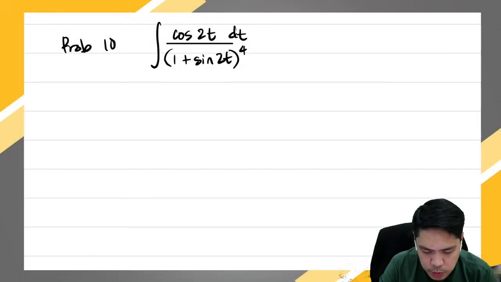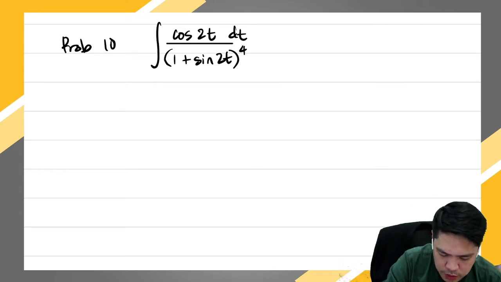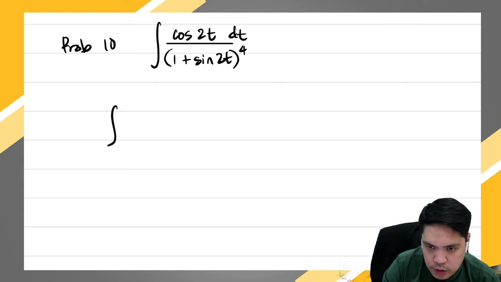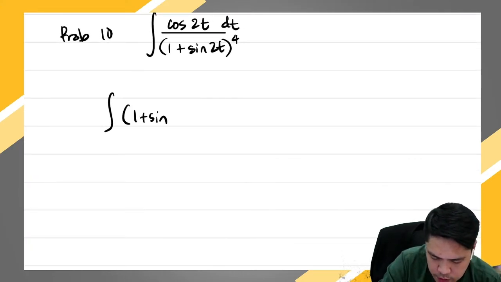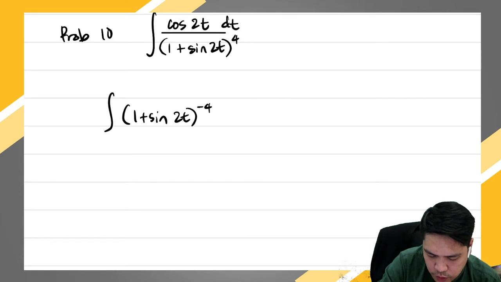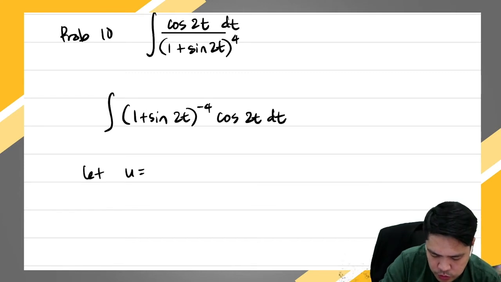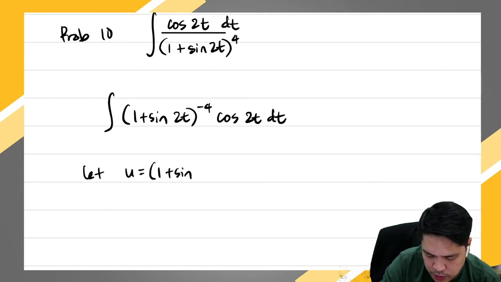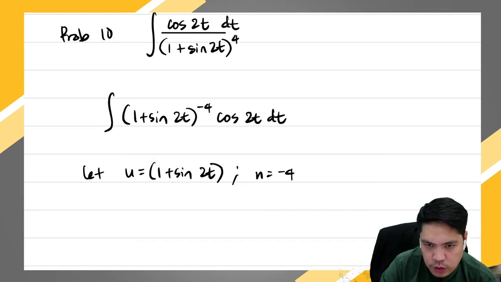For our next problem, we have the integral of cosine 2t dt all over the quantity 1 plus sine 2t raised to 4. If we rewrite this as the integral of (1 plus sine 2t) raised to negative 4 times cosine 2t dt, we could readily identify u as 1 plus sine 2t and n as negative 4.